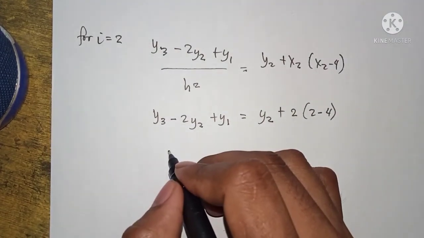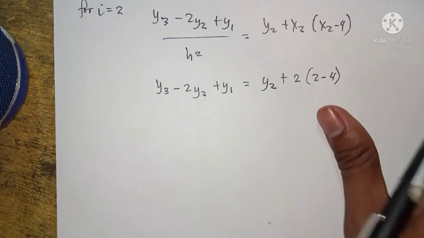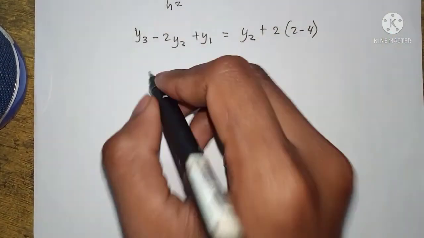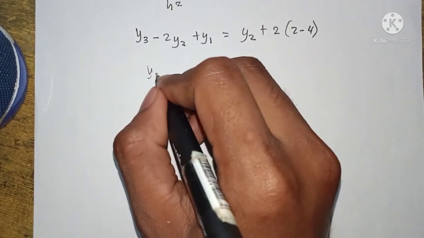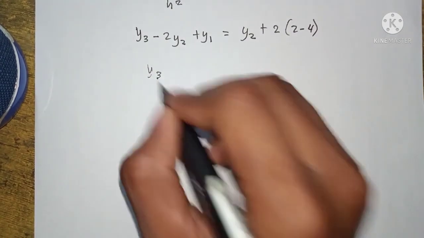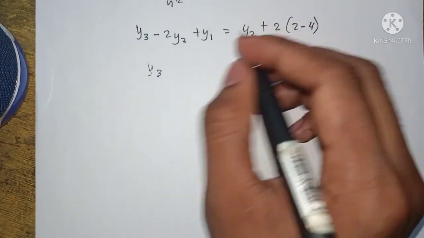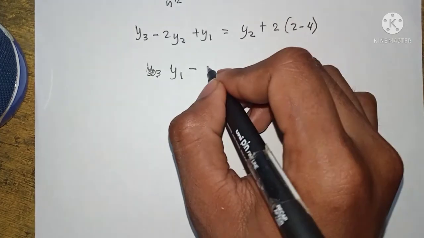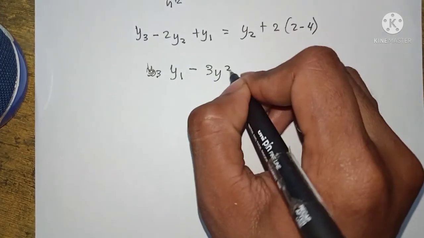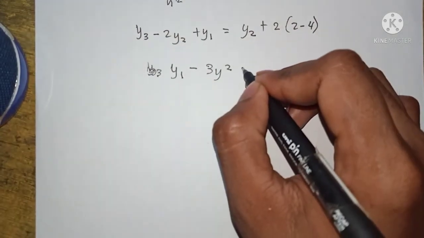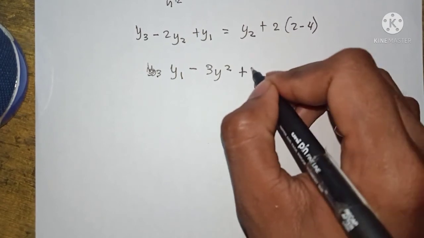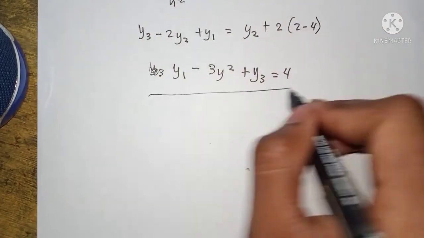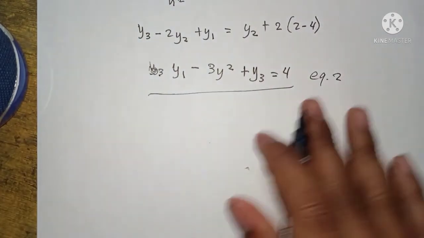So y1 minus 3 y2 plus y3 is equal to negative 4. This is equation number 2.